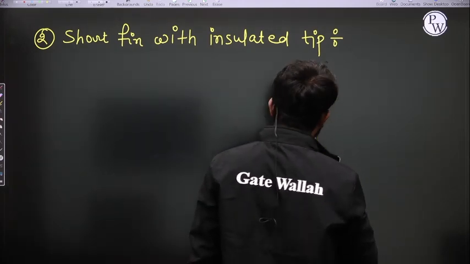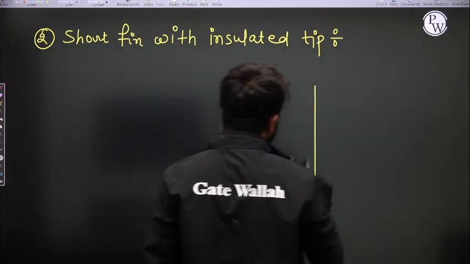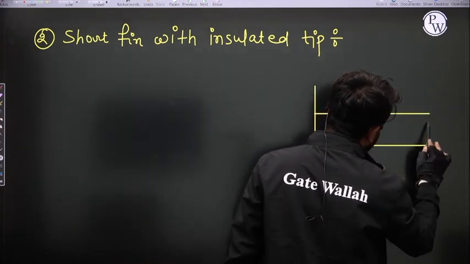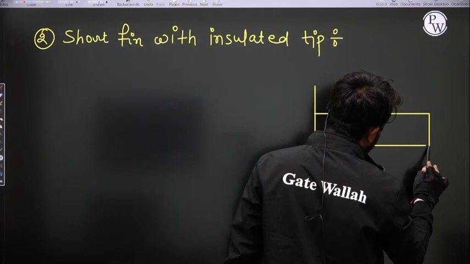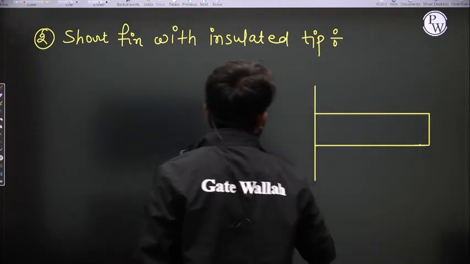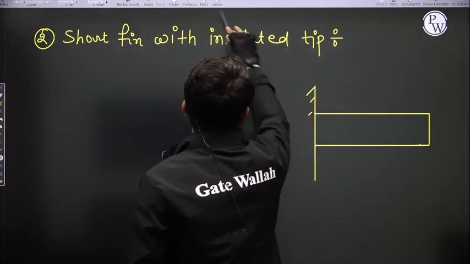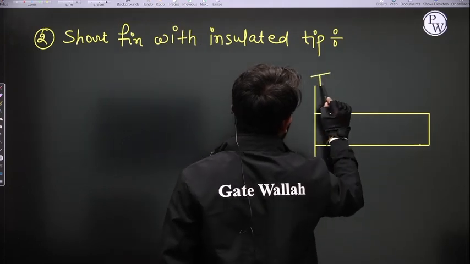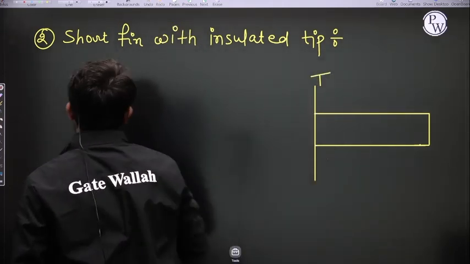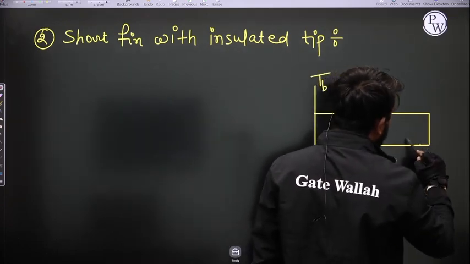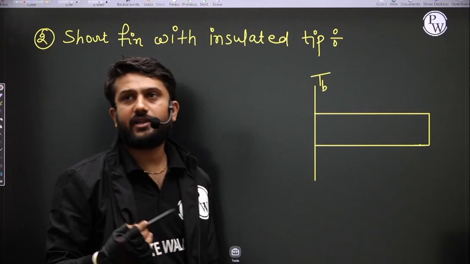So if this is the wall and this is the fin, the wall temperature is Tb, and there is no heat transfer from the fin tip.